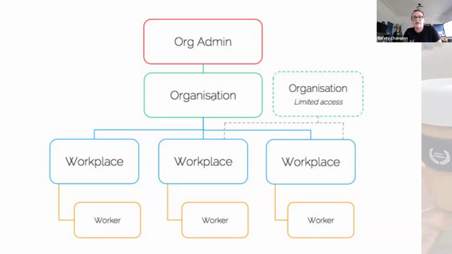And then we're able to share that by allocating it to workplaces. So we can allocate to individual workplaces or multiple workplaces. So an example might be if we've got a chemical register within our organisation, we can create that register at this organisation level. So the management of those chemicals, the SDSs, and all the associated information sits with the organisation.